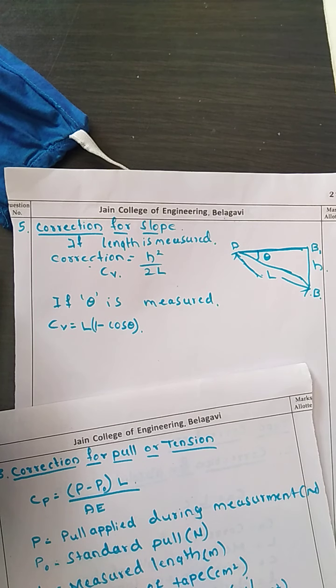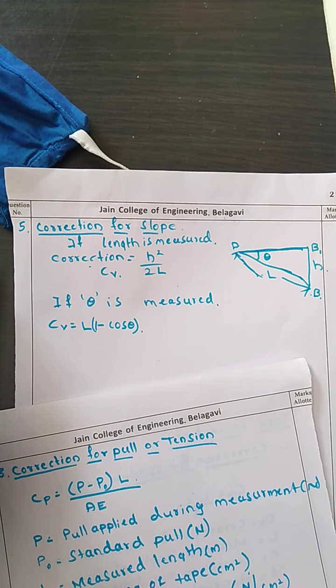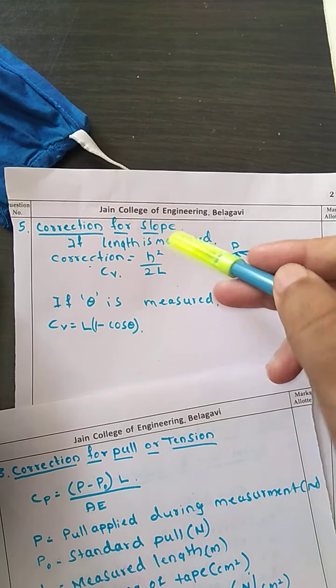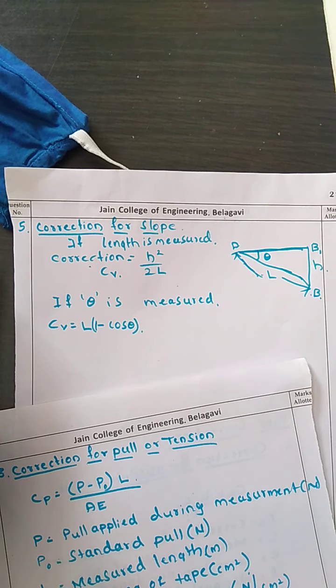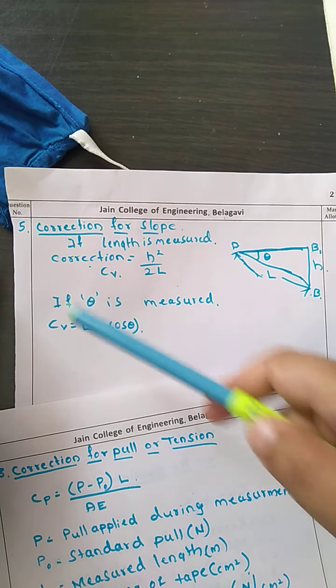If the sloping distance L is of a uniform section, then the correction for slope is h square divided by 2L, where h is the vertical height between B1 and B, and L is the inclined measured length. So this is your correction for the slope.